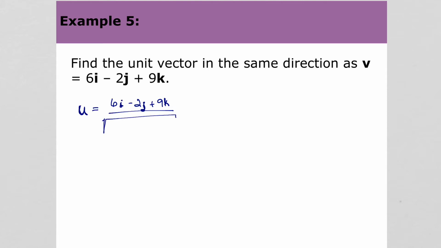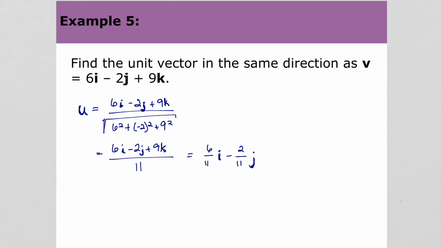So that would be the square root of 6 squared plus negative 2 squared plus 9 squared. That is 6i minus 2j plus 9k divided by the square root of 121, which is 11. So that's 6 over 11 i minus 2 over 11 j plus 9 over 11 k.